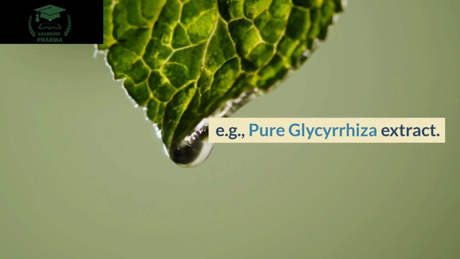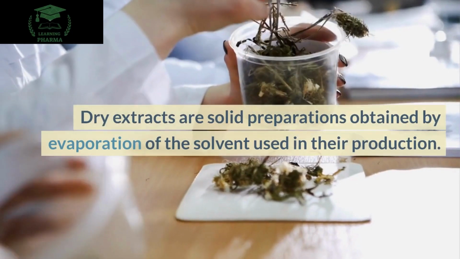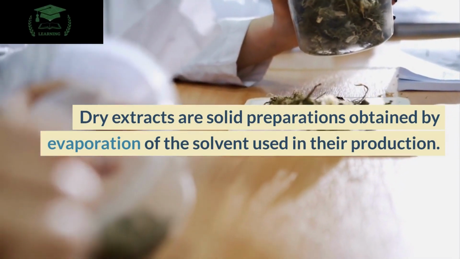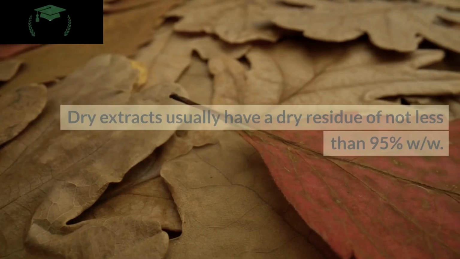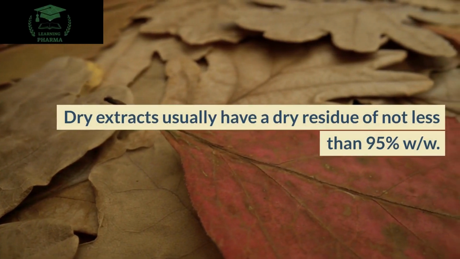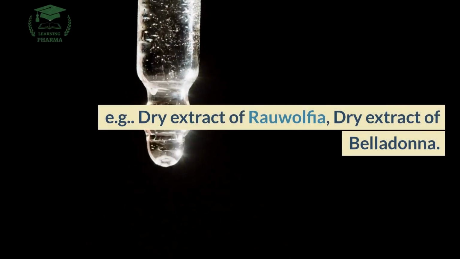E.g., pure glycyrrhiza extract, cinchona extract. Dry extracts are solid preparations obtained by evaporation of the solvent used in their production. Dry extracts usually have a dry residue of not less than 95% w/w. E.g., dry extract of Rauwolfia, dry extract of belladonna.